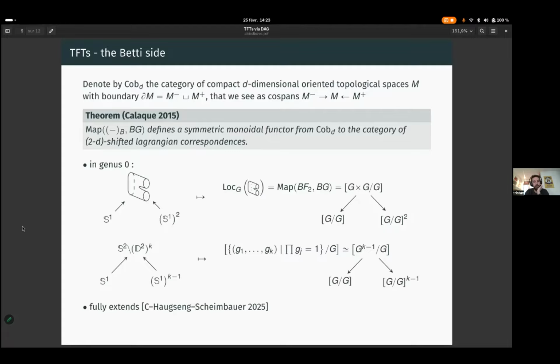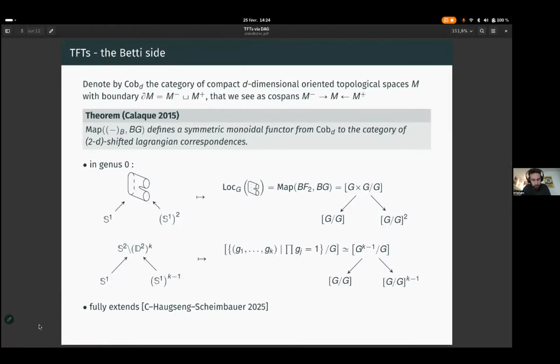Okay, so when I do this, apply the Betti stack and look at the mapping stack to BG, where G is given, I actually get a symmetric monoidal functor between one-categories, so the cobordism category and (2-d)-shifted Lagrangian correspondences that can be composed as explained in the previous slide. So here I'm sticking with one-categories as written at the end of the slide.